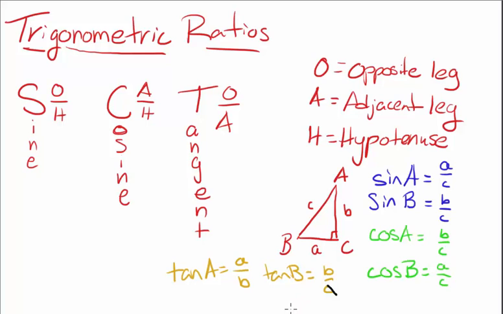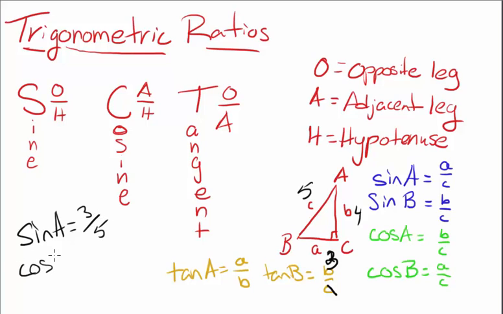Again, they are ratios, they are fractions, and we can plug in any numbers. For real quick, let's say A is 3, B is 4, and C is 5. If I find sine A, I look at angle A and the opposite side. So sine A equals the opposite side, which is 3, divided by the hypotenuse, 5.